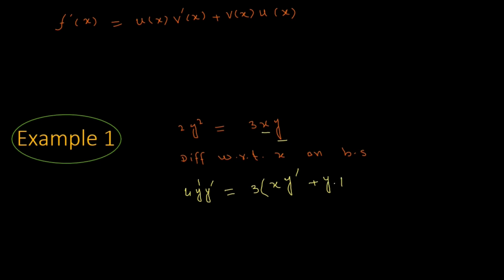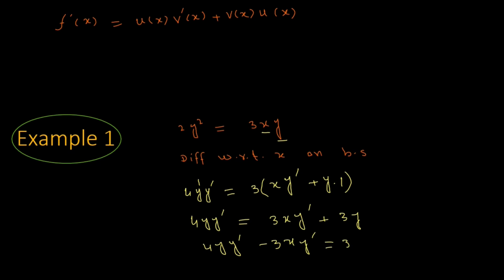So it is 4y y prime equals, multiplying inside, 3x y prime plus 3y. So 4y y prime minus 3x y prime equals 3y.